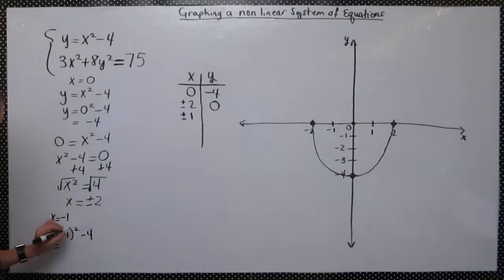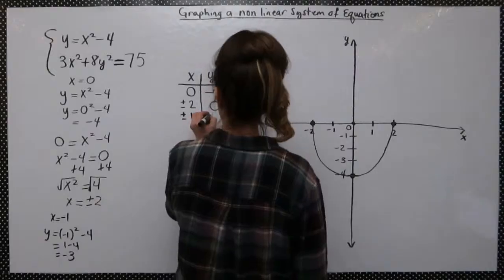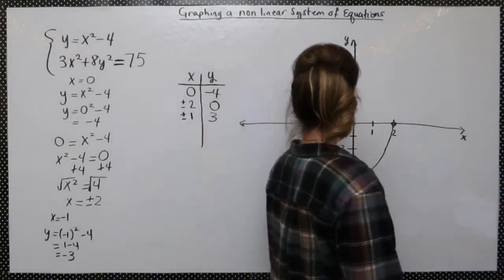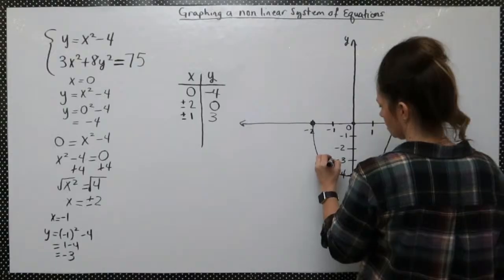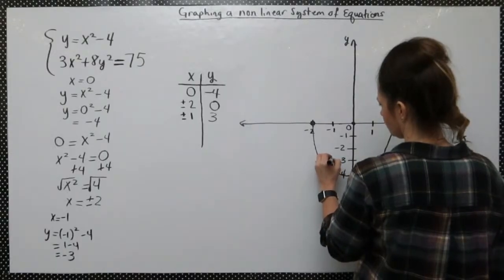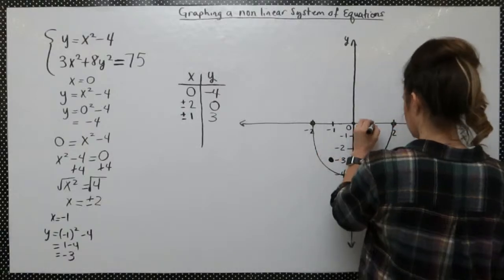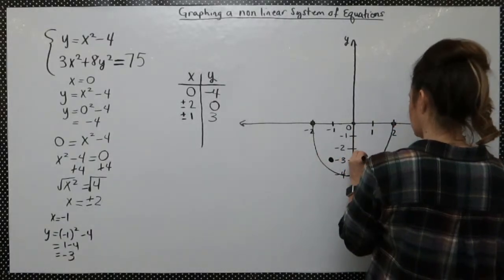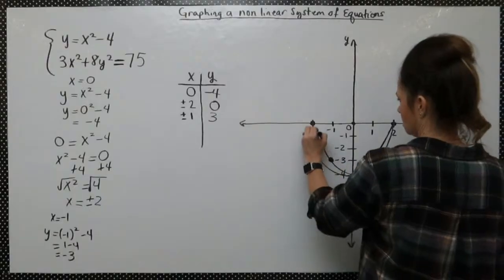And it's going to give me 1 minus 4, which is negative 3. So at positive 1 and negative 1, we've got negative 3 on the graph. Well, negative 1, negative 3. So it looks like it's just a little bit skinnier. There we go.